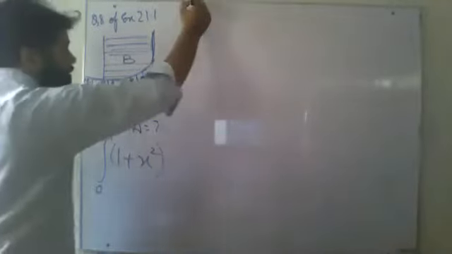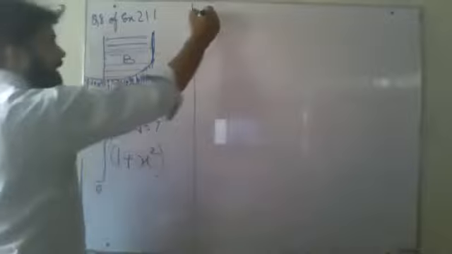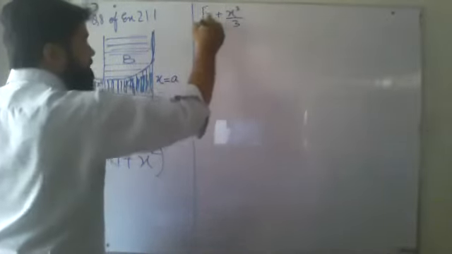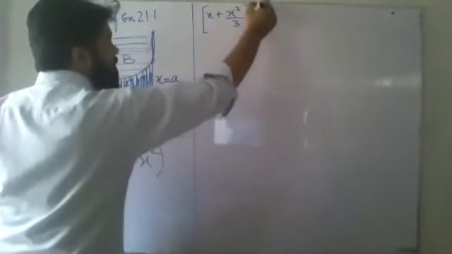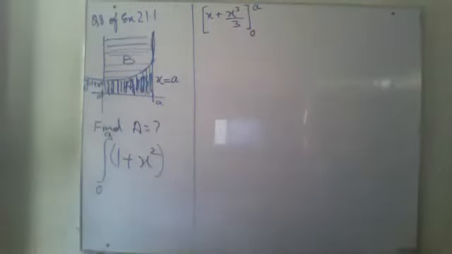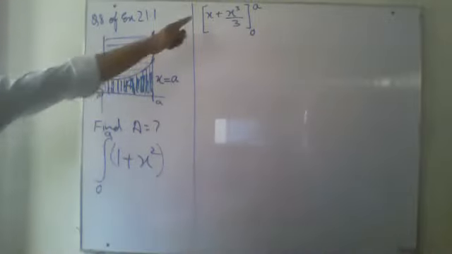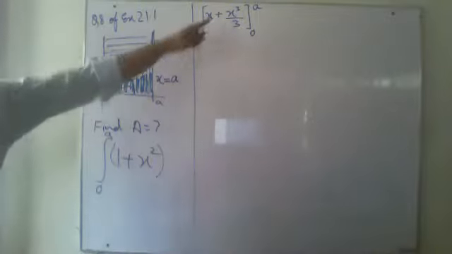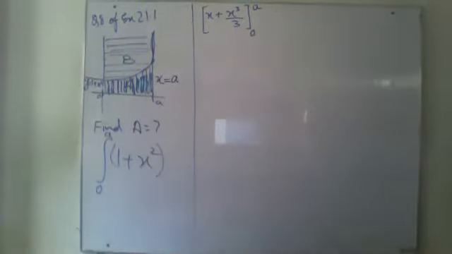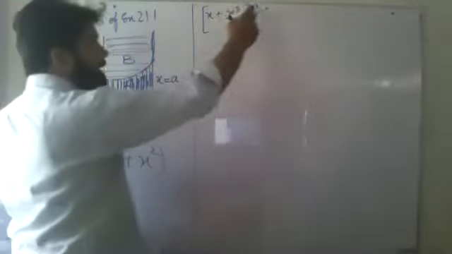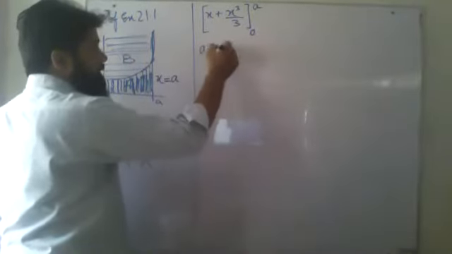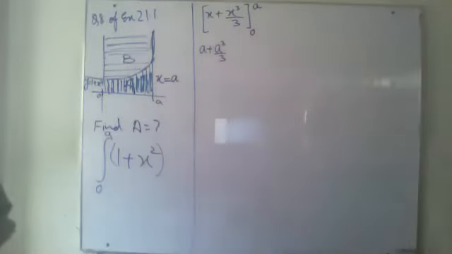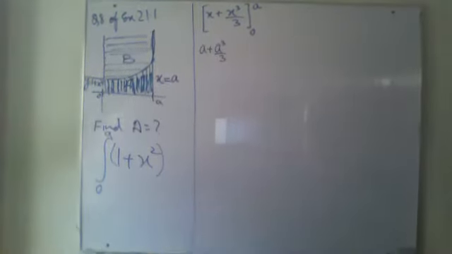Integrating it, you guys know how to integrate it. x plus x cubed over 3, from 0 to a. Integration of one will be x, integration of x squared will become x cubed, and then divided by 3. Now applying my limit, a plus a cubed over 3, and when I apply 0, everything will become 0.